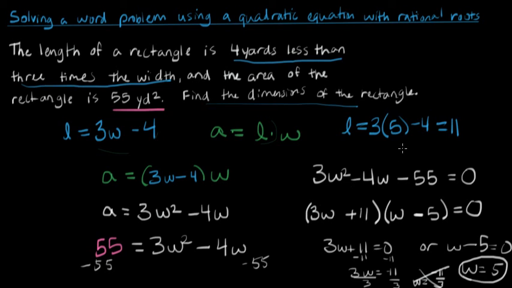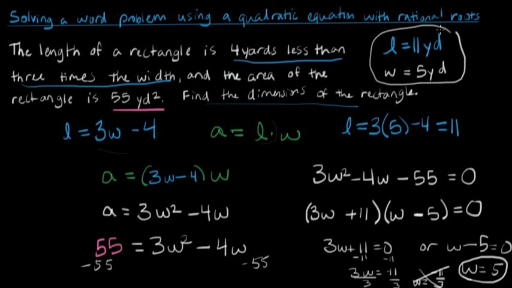So the length of this rectangle is 11 yards, and the width is 5 yards. And that's how the area gets to be 55. So this is my answer. And that's how we solve a word problem using a quadratic equation with rational roots.